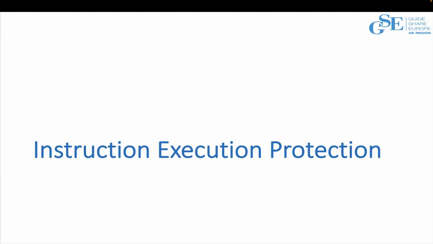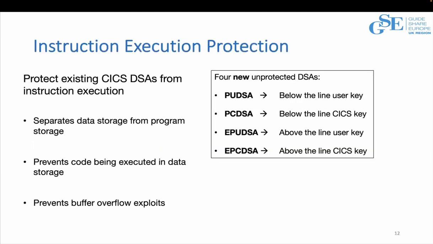So, instruction execution protection, IEP. IEP in 6.1 is the function which allows us to protect the existing CICS DSAs from instruction execution. And this is very much designed around preventing buffer overflow exploits and keeping storage clean as well.